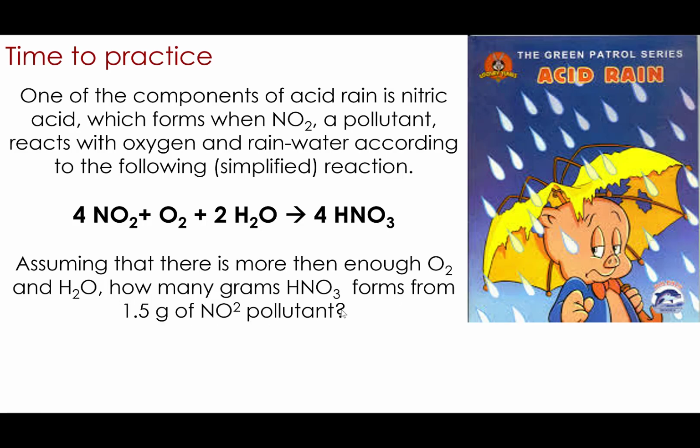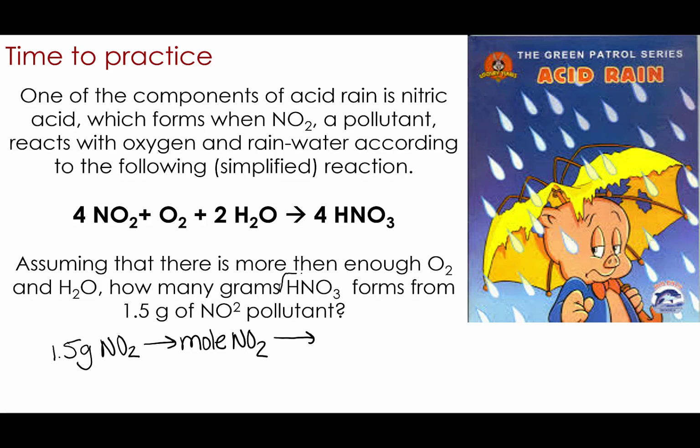Before I dive into this, I want to have a map of the problem: where am I going, what am I doing? We're going to start with the information that's given, 1.5 grams of NO2. Then we're going to take that to moles of NO2. Then I need to peek back at the problem.